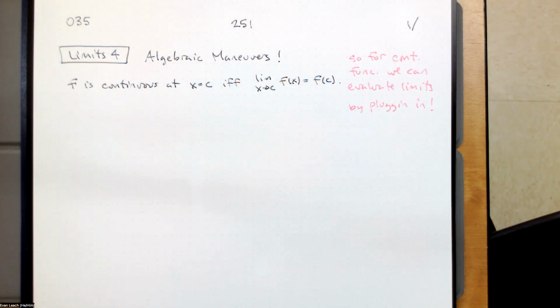That's our takeaway from this. If a function is continuous at a point, we can evaluate the limit of the function at the point just by plugging in the numbers.